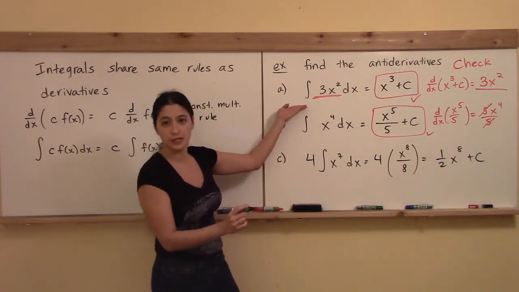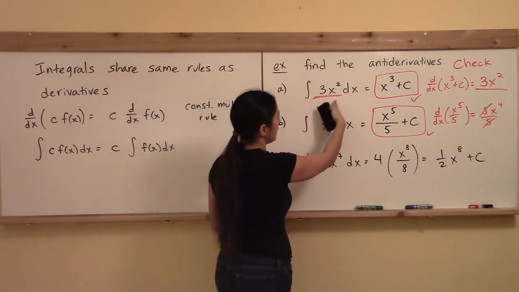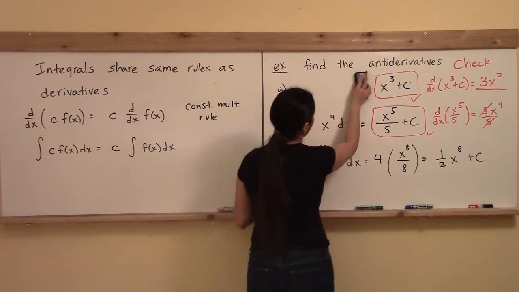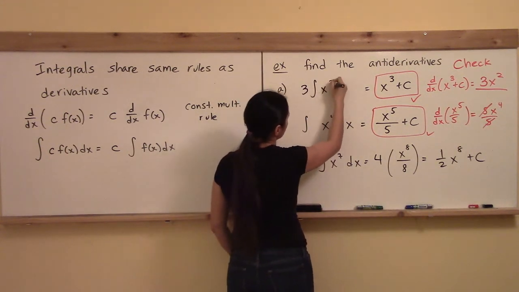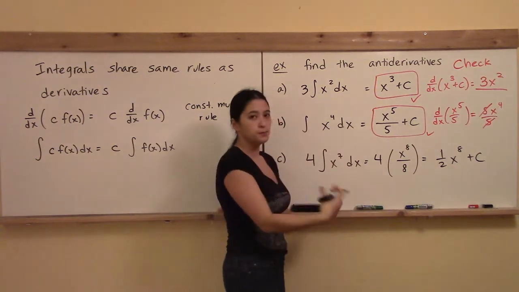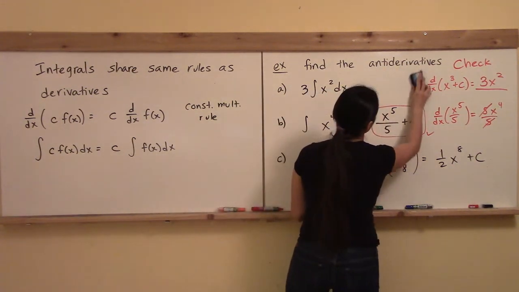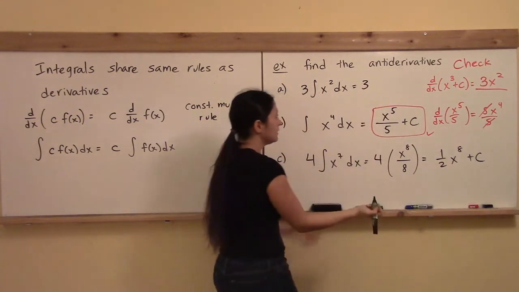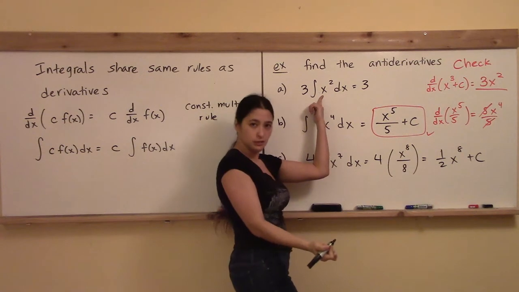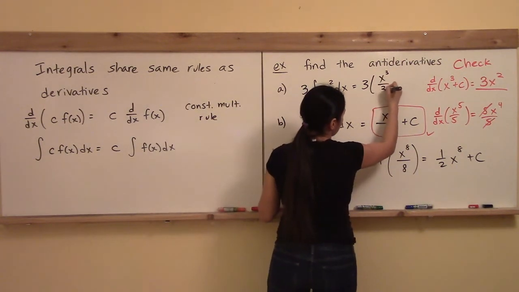Same thing we could have done up here, so I'll just show you that one more time. Here we have the integral of 3x squared dx. Well, that's the same thing as saying 3 times the integral of x squared dx. You can just pull the 3 right outside. And now to prove to you that you're going to get the same answer, you see I can take the 3 outside, and now when I have an x to the 2 to deal with, that's going to be x to the 3 over 3.